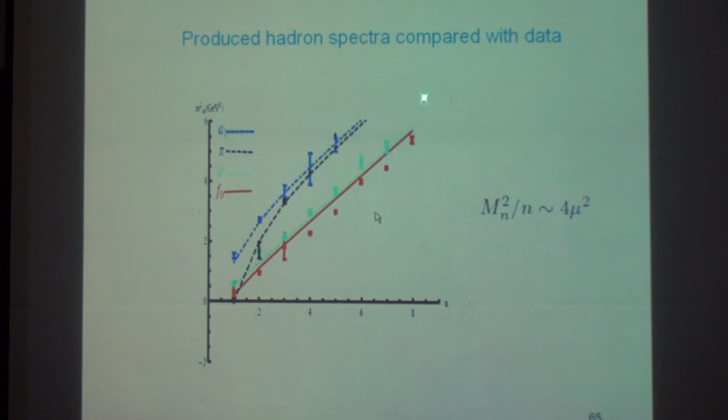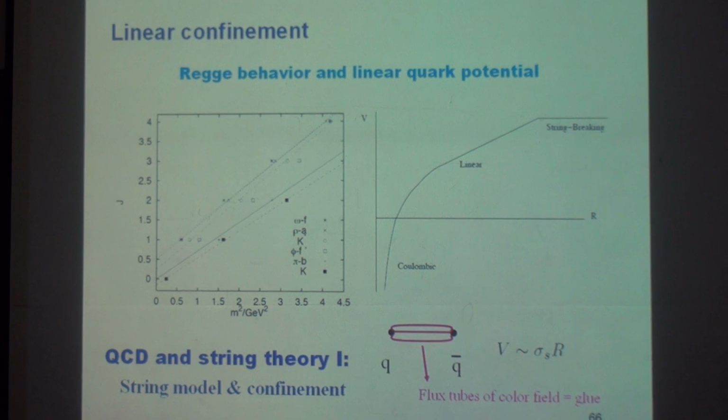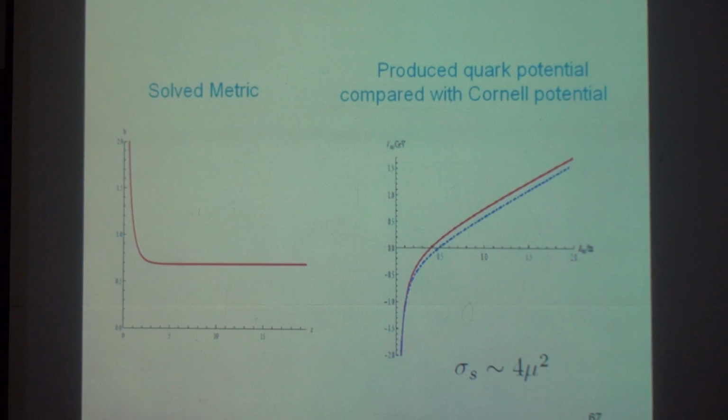So this is due to this linear confinement. And in this framework, we can also produce the linear quark potential by using this solved method. So basically, the linear confinement is indeed there.